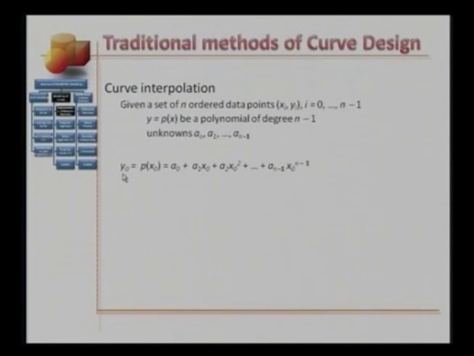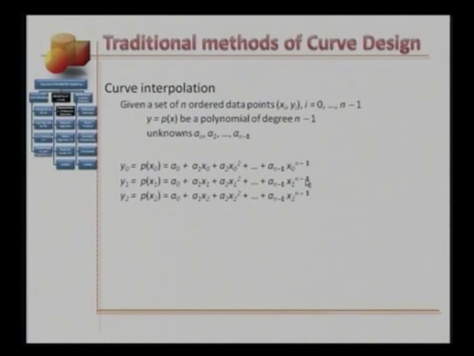Clearly, the left hand side will be the value y sub 0. Likewise, if we substitute x equals x1, the left hand side will be y1, and the right hand side will be a sub 0 plus a1 x1 plus a2 x1 squared, and so on and so forth, the last term being a sub n minus 1 x1 raised to n minus 1.